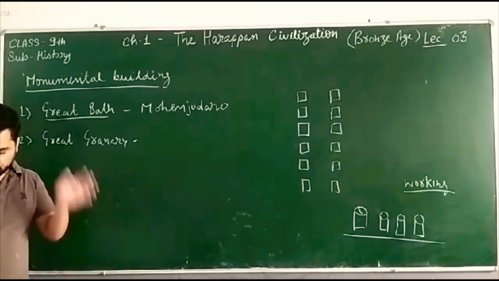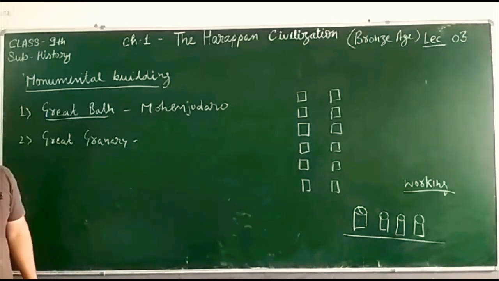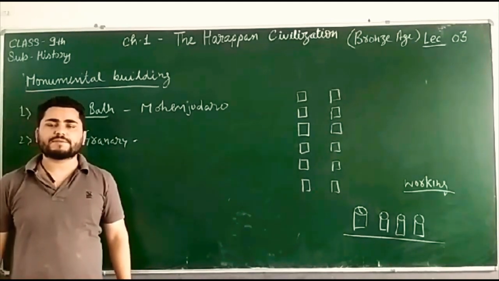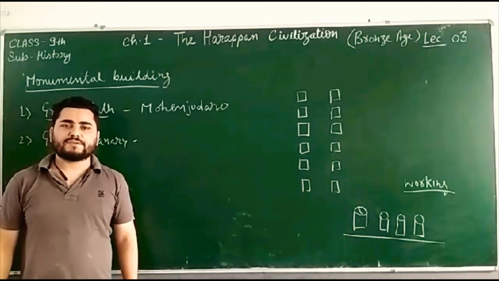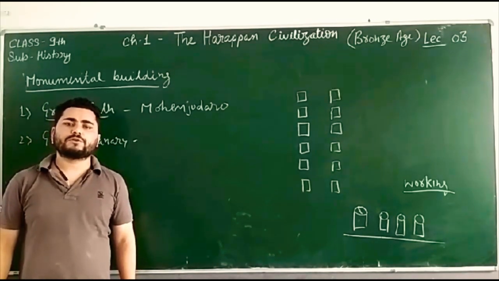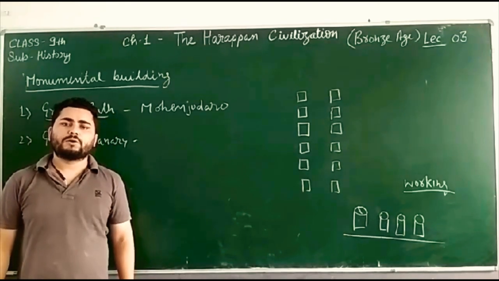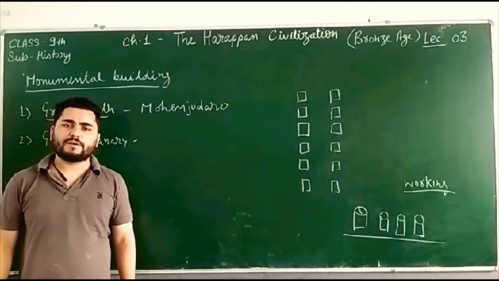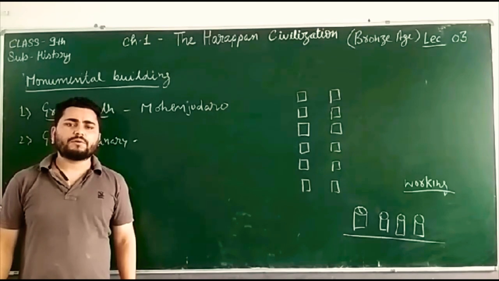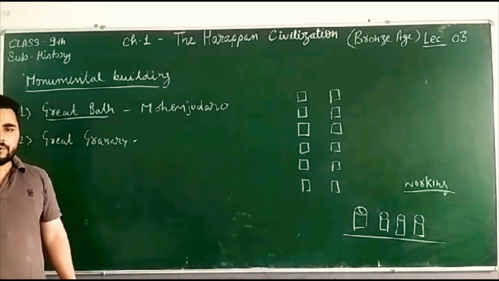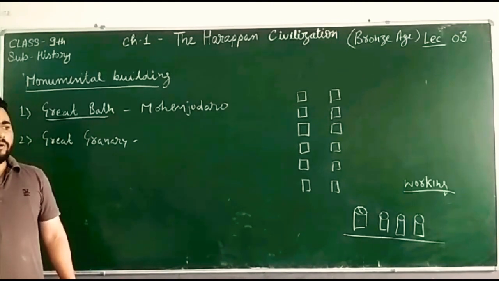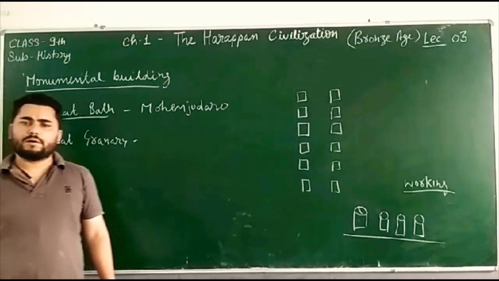So let me just recall this chapter. What we have studied today, we have studied about various cities of Indus Valley Civilization. We have studied about Mohenjo-daro, Harappa, Lothal, Kalibangan, Banavali, Sutkagendor, Sutkotada, right? We have studied where these cities are located, like Mohenjo-daro and Harappa.